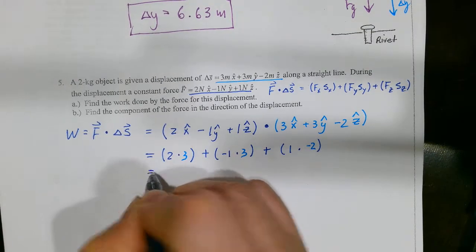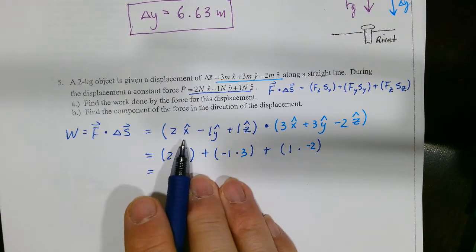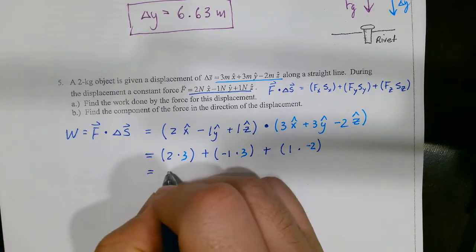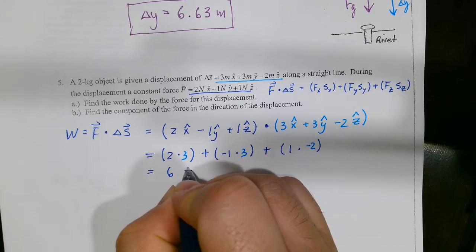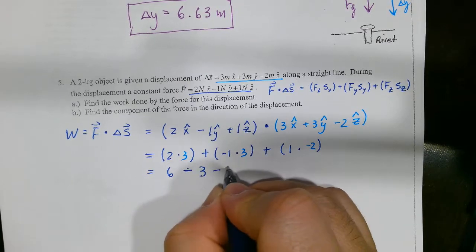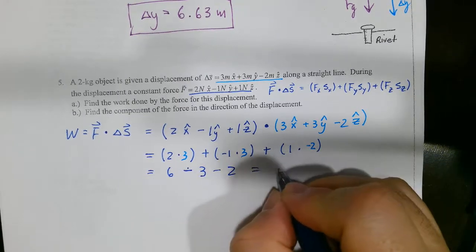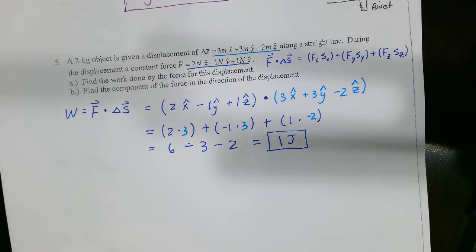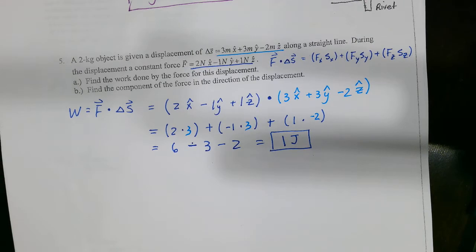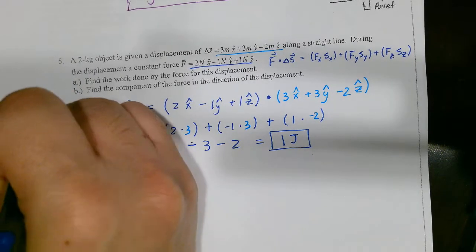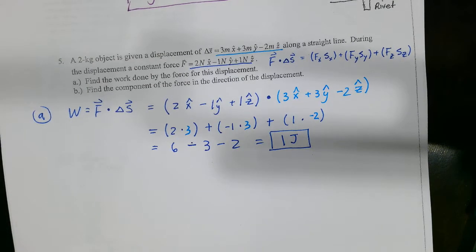So when I work this thing out, I get 6 minus 3 minus 2, and I get 1 joule. So that's part A.